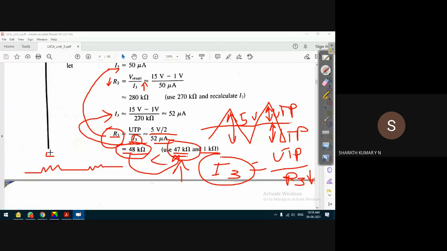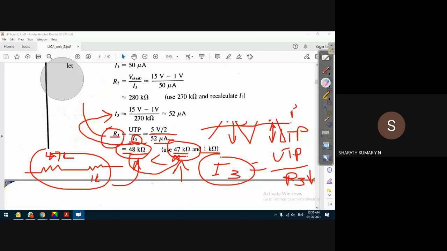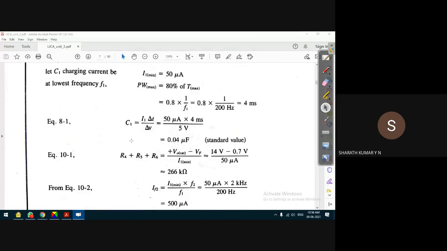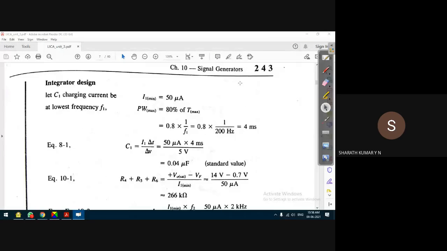This is 47K and this is 1K fixed resistor. That gives a total of 48 kilo ohms. Otherwise, this current variation is a major point to be considered. Okay, so C1 charging current is I1, 50 microamperes.